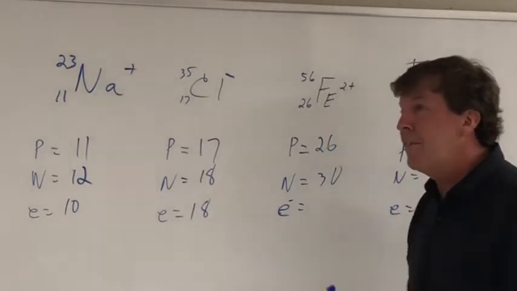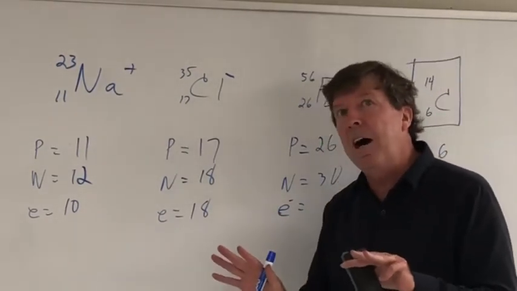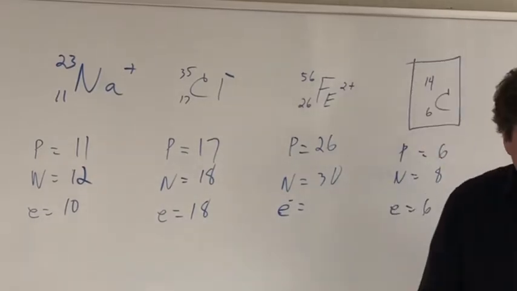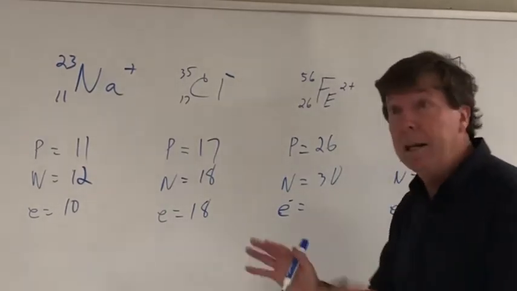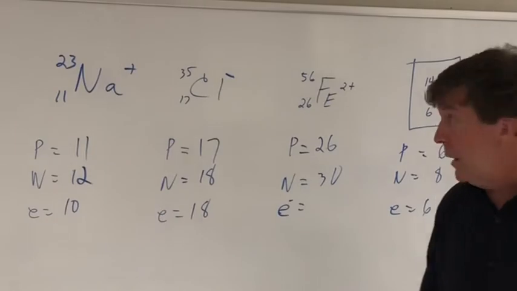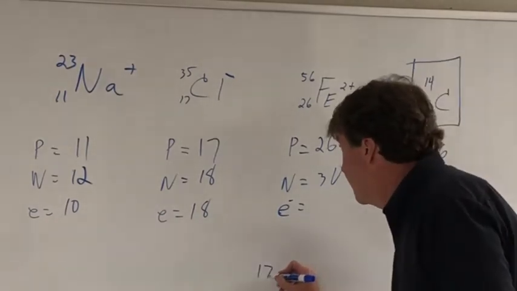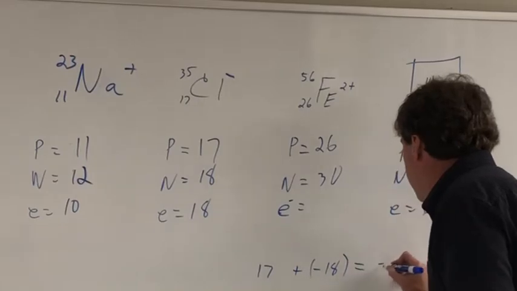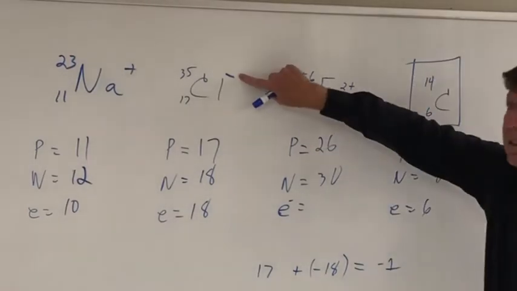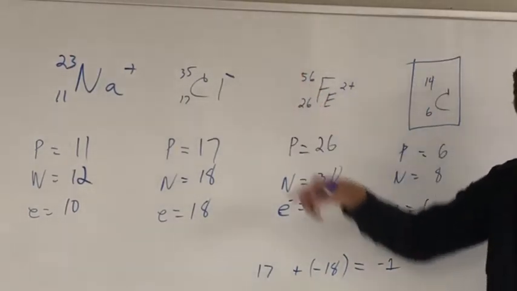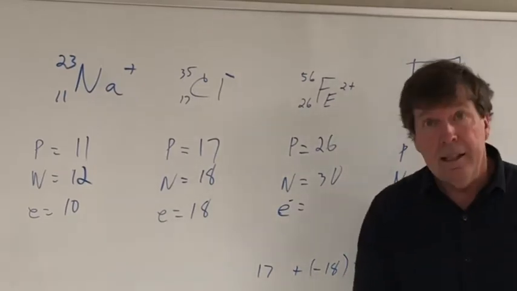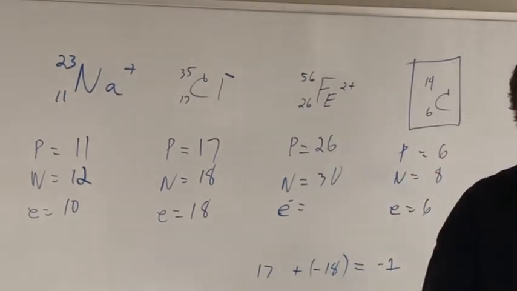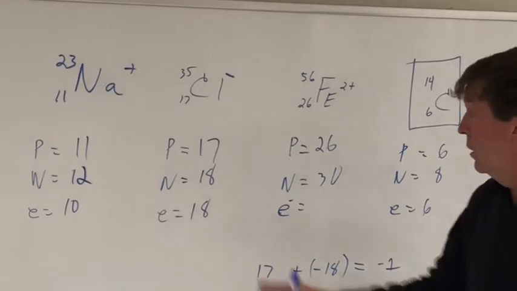Let's do the math and check. Excuse me if I'm insulting your intelligence here, but I just want to make sure everybody's on the same page. So notice you have 17 plus a negative 18. That equals negative 1, and there's negative 1. Obviously, if we gain 2 extra electrons, then you'd have 2 more electrons compared to protons.